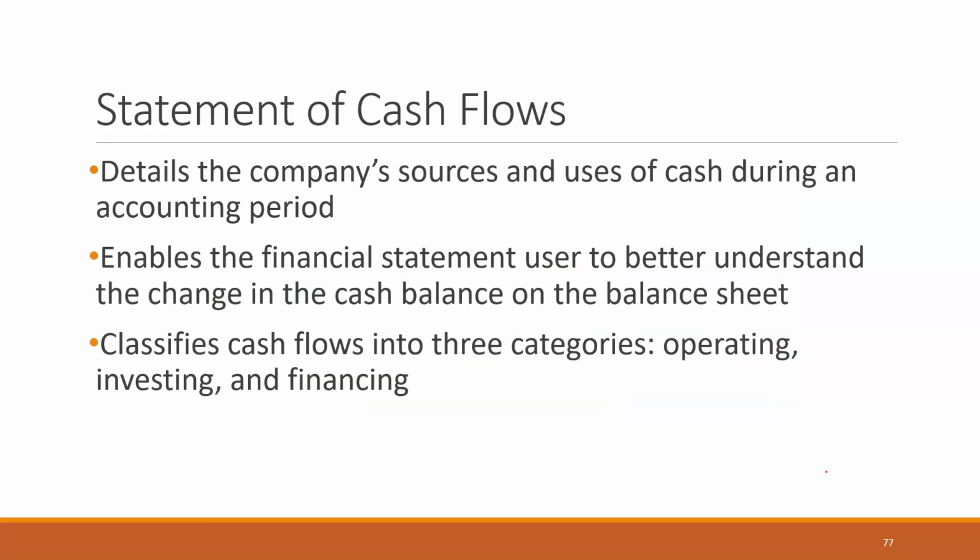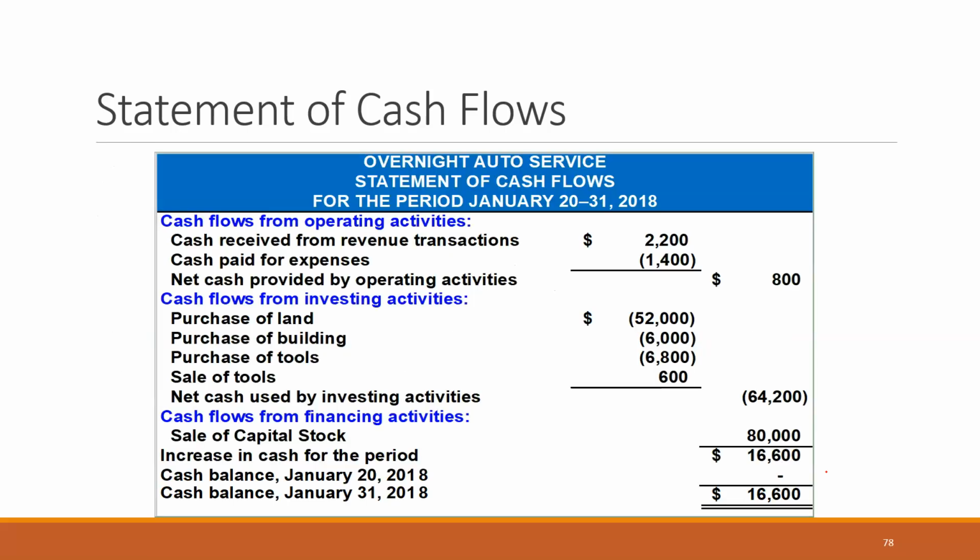And then the statement of cash flows shows how we used cash during an accounting period. That often gets separated into our daily operating activities, our investing activities, and our financing activities. It explains how cash has changed from the beginning of the accounting period to the end of the accounting period.